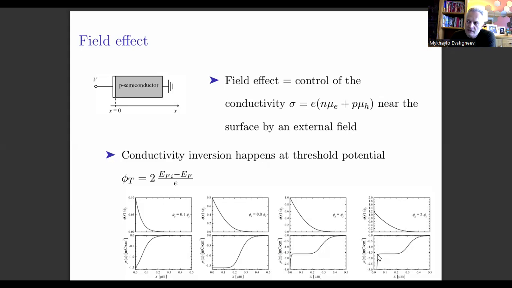But the inversion layer will remain quite thin, because as the concentration of the electrons in the inversion layer is high, they are very efficient in screening the external surface potential.